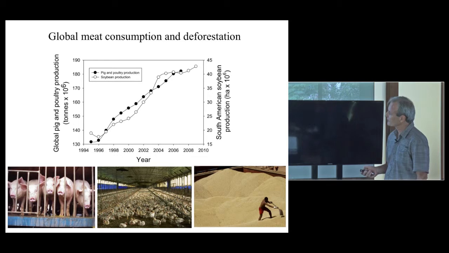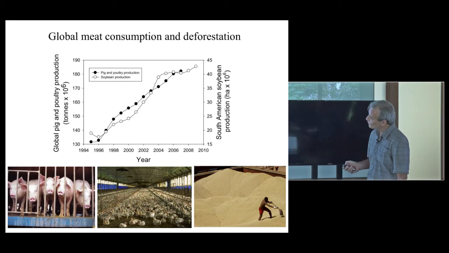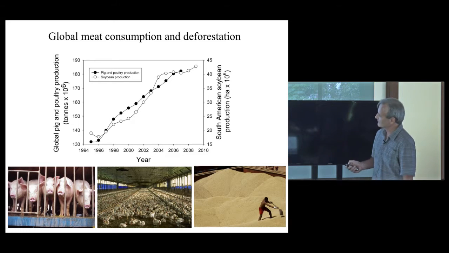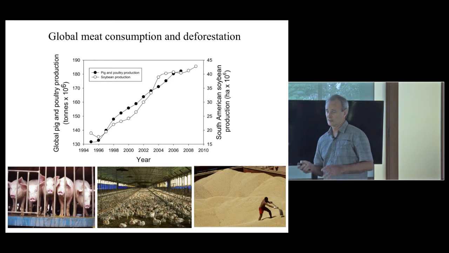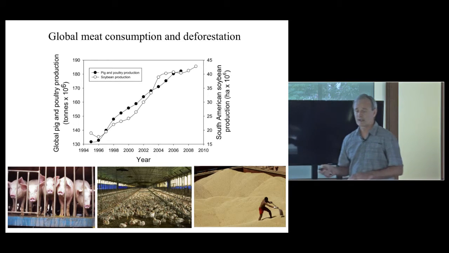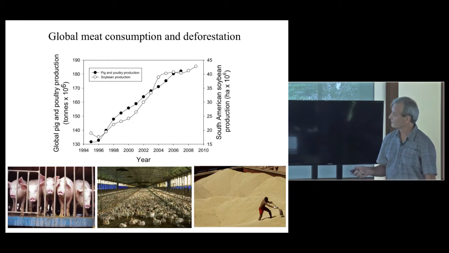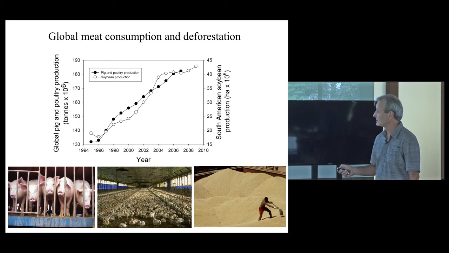And so in this figure, what I'm showing is global pig and poultry production from 1994 to 2010. And you can see this incredible increase. And on the other axis, I'm showing how the area of soybean fields has expanded over the same period. Okay? You can see there's a very tight correlation between these two.